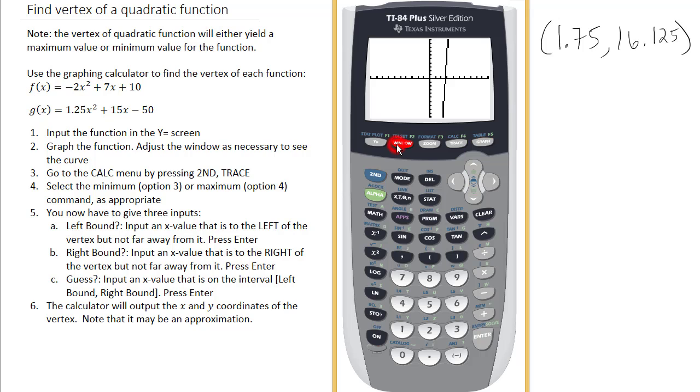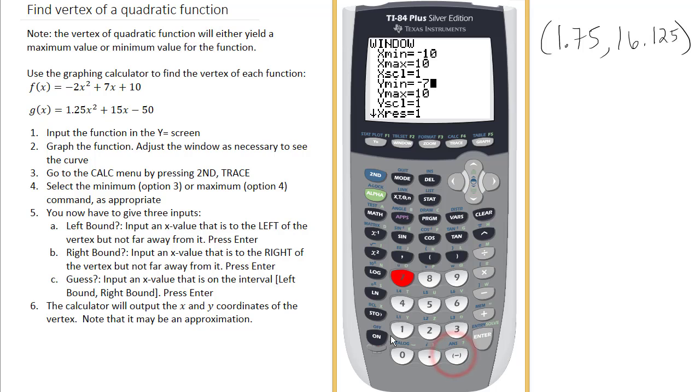So let's adjust the window so that I can at least see the y-intercept at negative 50. I'm even going to go a little bit past that. Let's set the y minimum to, how about negative 70? I think that's a good guess to start with. And let's change the y scale to tens, so that we only have a mark every 10 units on the y-axis.